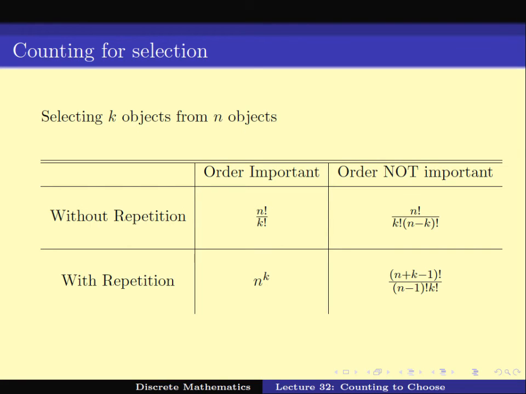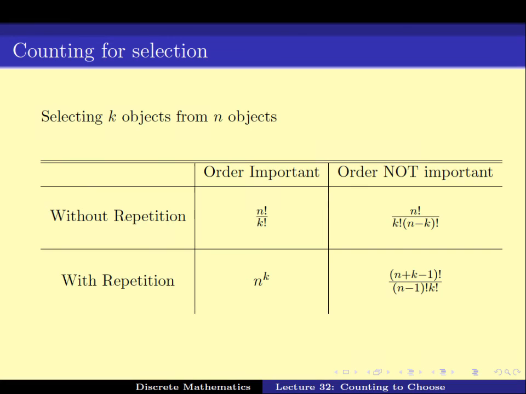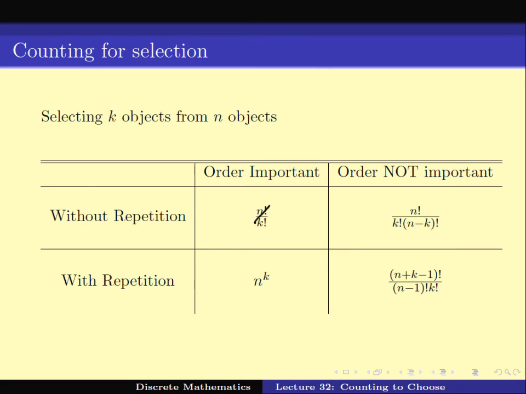So for now, what we have seen is that if you have to select k objects from n objects, then the number of ways of doing it, in the case of with repetition, is n to the power k. When we do it without repetition and order matters, it is n factorial by n minus k factorial.